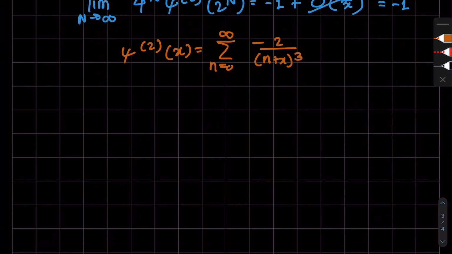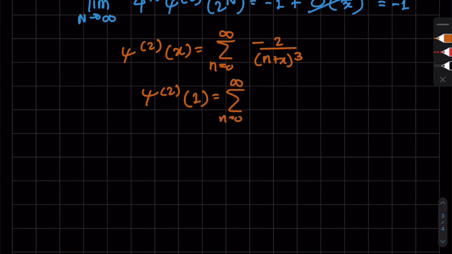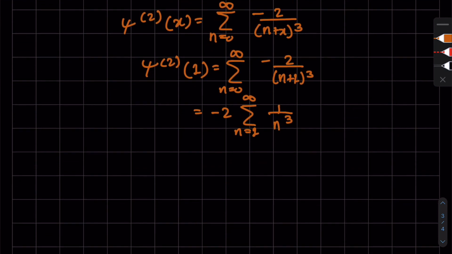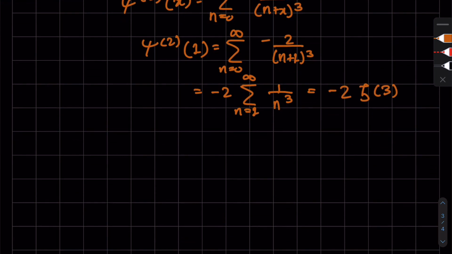This is just the power rule. You evaluate that at 1, sum from n equals 0 to infinity, minus 2 over (n plus 1) cubed. You can reindex everything. One over n cubed. And this, my friends from all ages, is the Riemann zeta of 3.